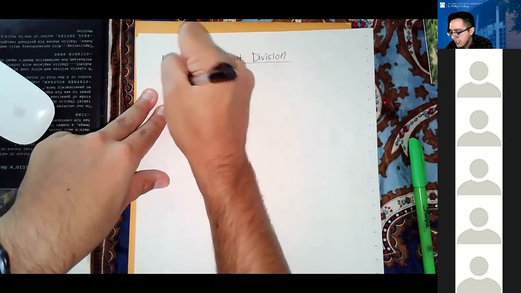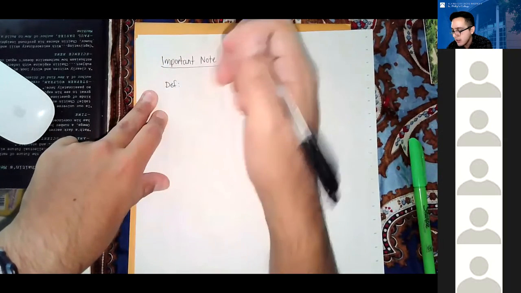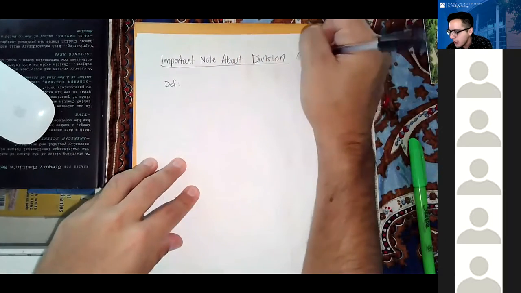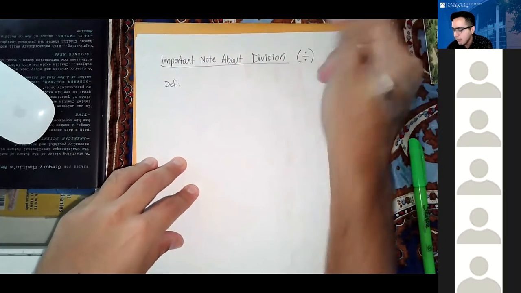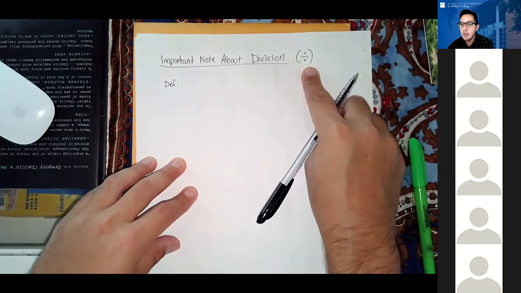So the definition mathematicians use for division: we typically don't use this symbol anymore. We don't use this symbol often in mathematics and algebra and beyond. We write division as a fraction bar.